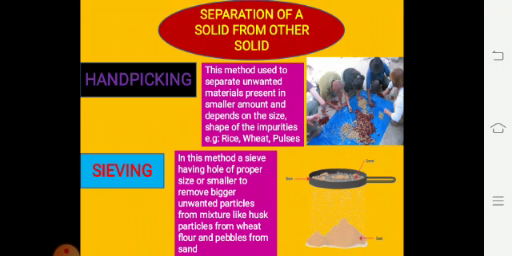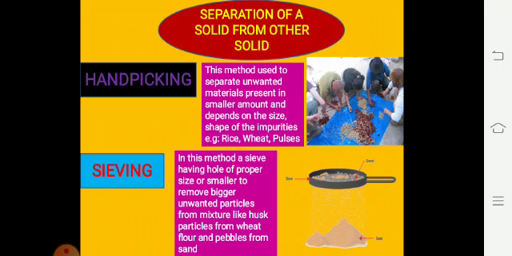For example, in rice, wheat, pulses, if there are some small stones with a different color and size, we can easily pick them by our hands. This is how we can separate the impurities from the useful substance.